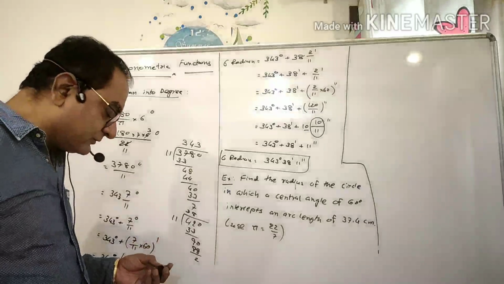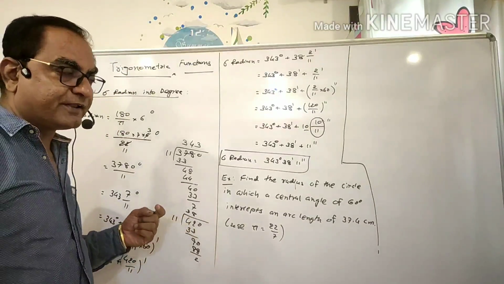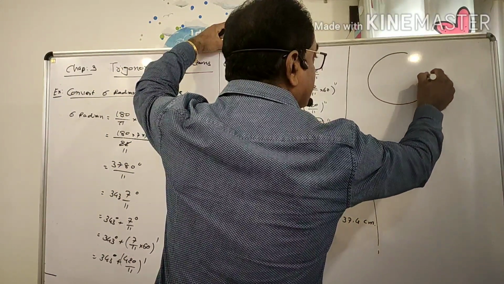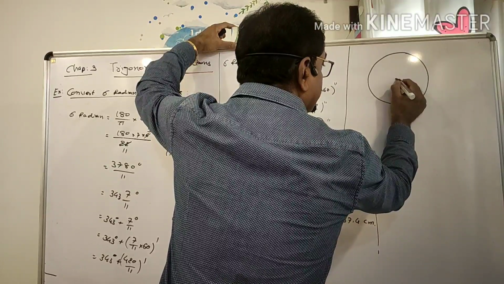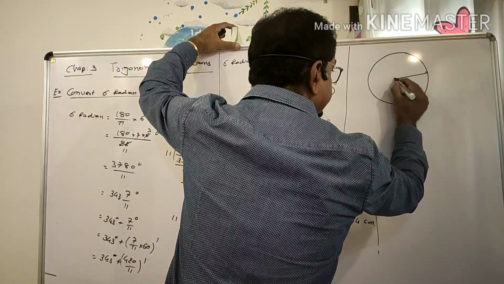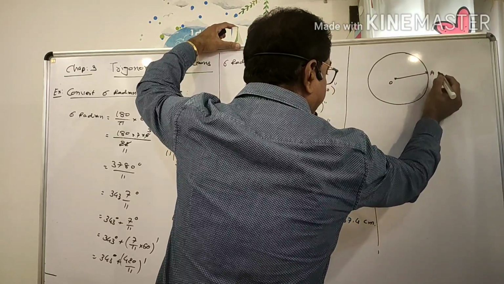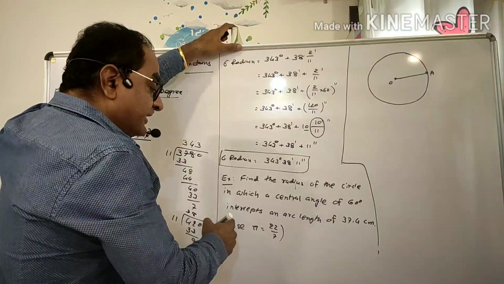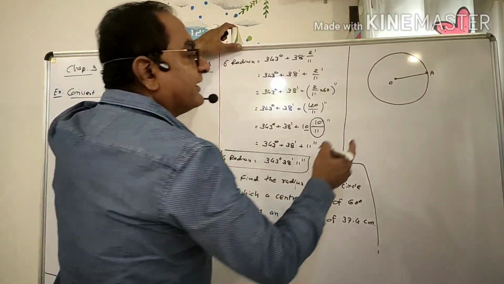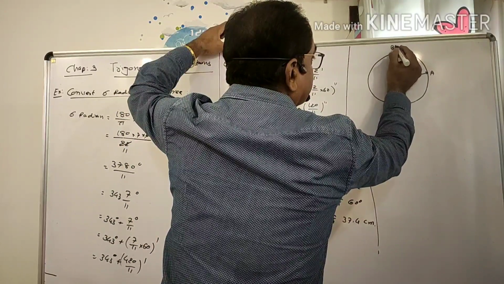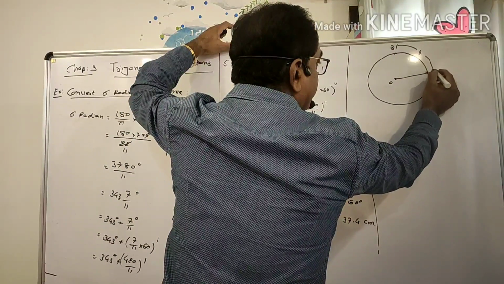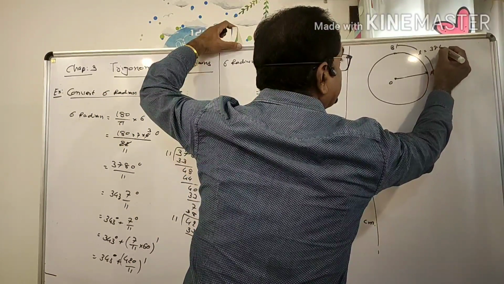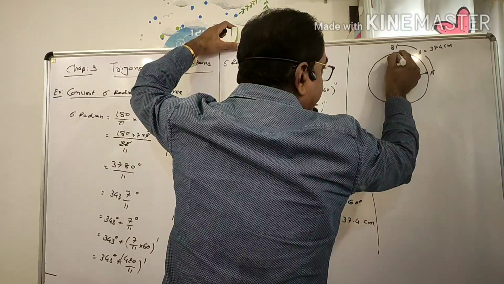This kind of example, if you draw a diagram, simplifies many things. Here they have discussed the circle. The circle has a radius, let us mention OA. The arc length is denoted by L. It's an arc length of 37.4 centimeter, intercepting an angle of 60 degrees.